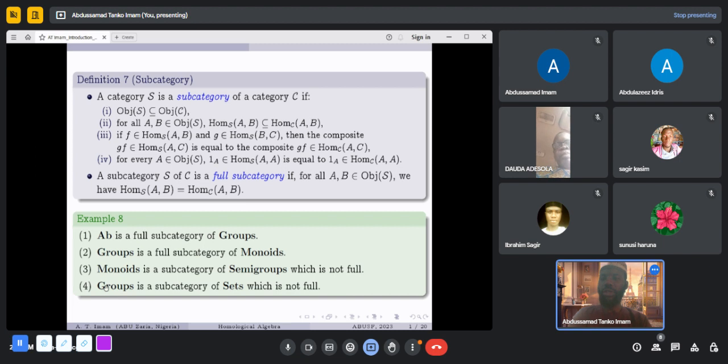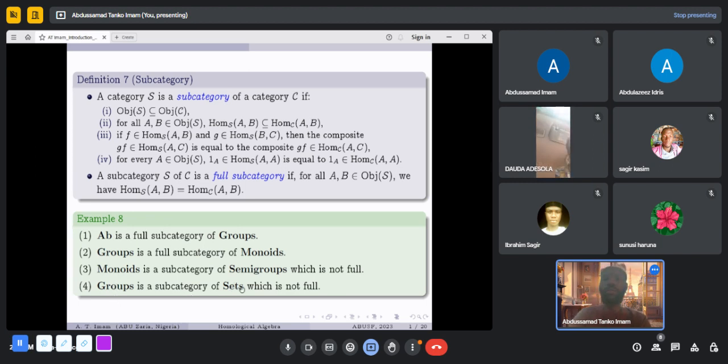Likewise, when you take groups, it's a subcategory of sets, but it is not full, in the sense that not any mapping between two groups is a group homomorphism. So if you look at morphisms in Set between two groups, they are not necessarily group homomorphisms in Groups.